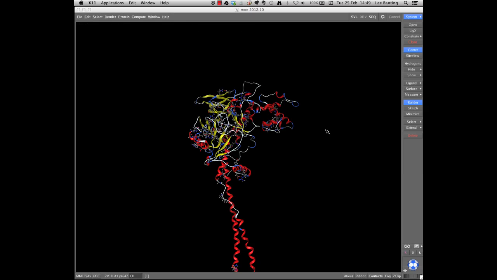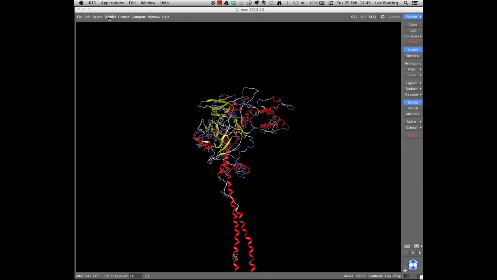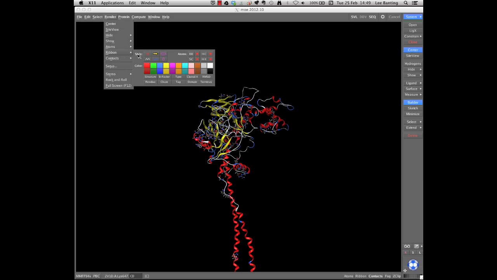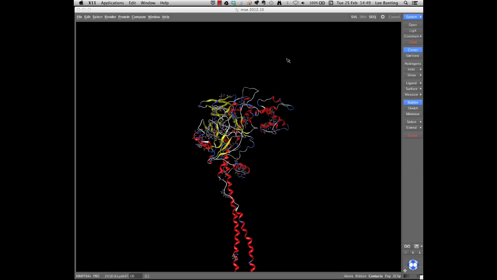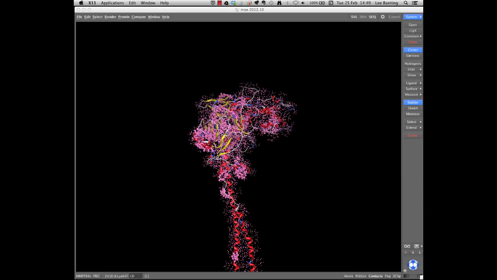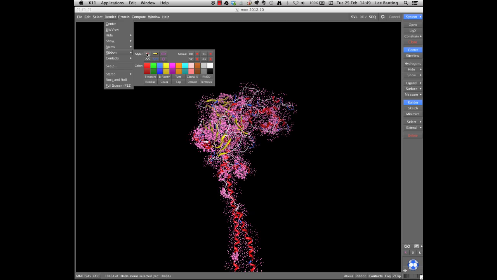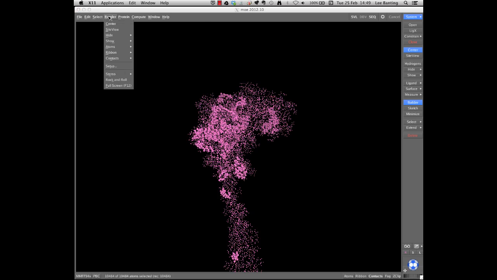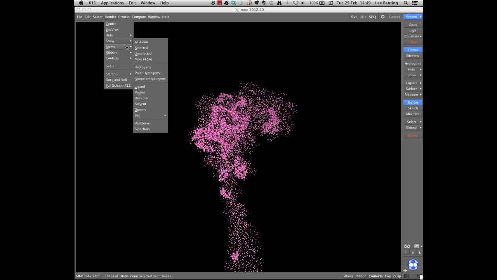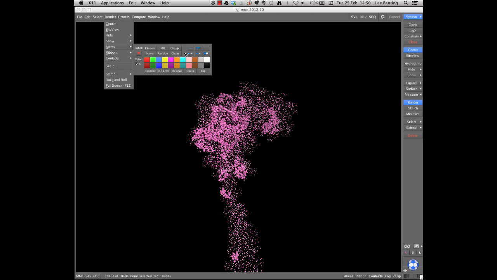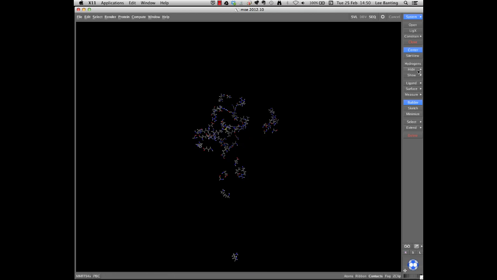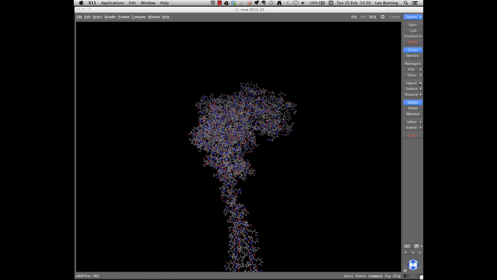So what I'm going to do is cancel the dynamics there. I'm going to take off the ribbon structure, if I can do that. I'm sorry, if I select the molecule and take the rendering off of the molecule, but show the atoms as a line structure, show all atoms.